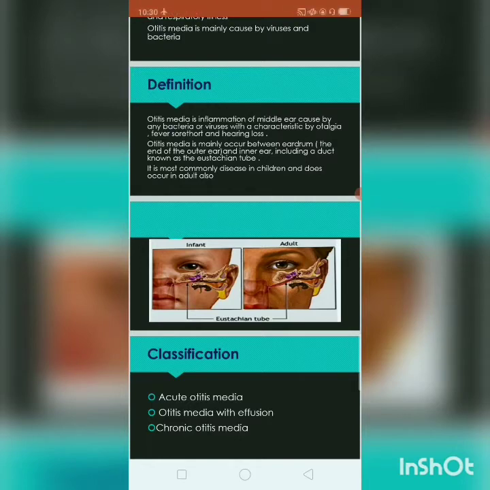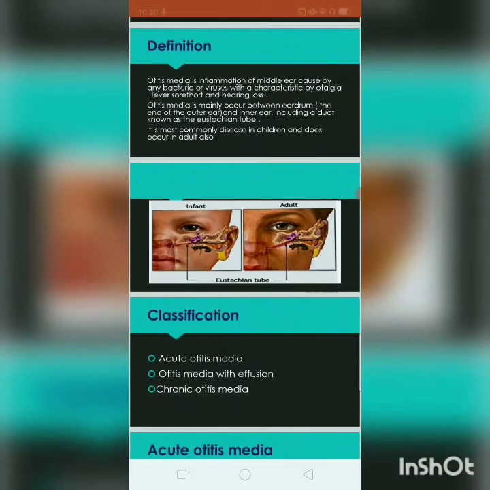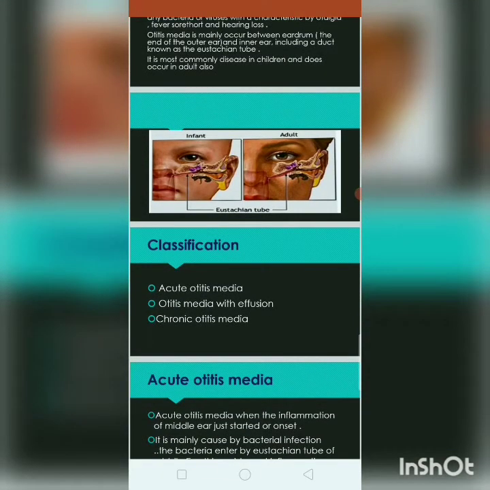So the infection or any viruses easily move through the eustachian tube to the ear, and it causes inflammation in the ear. For adults, the structure of the eustachian tube is slightly curved. So children are more prone to otitis media because of the ET tube.